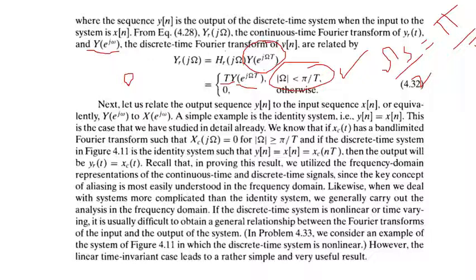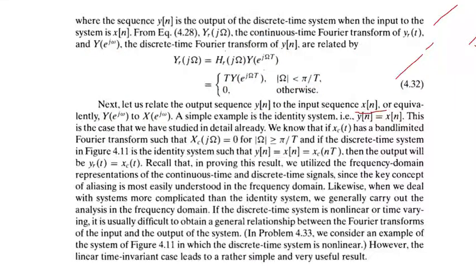Now let us relate the output sequence y of n to the input sequence x of n, or equivalently their Fourier transforms Y(e^{jω}) and X(e^{jω}). This is a very interesting example. It will help you understand what we are actually doing here.